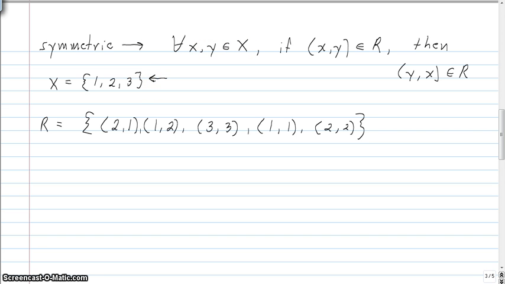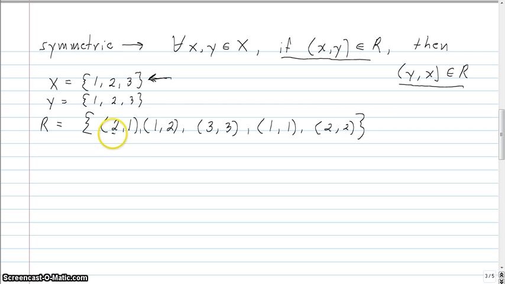So again, we understand that the set Y is the same set. Okay, so both little x and little y come out of this same set. So for symmetric, we have that if x is related to y, then y is related to x.